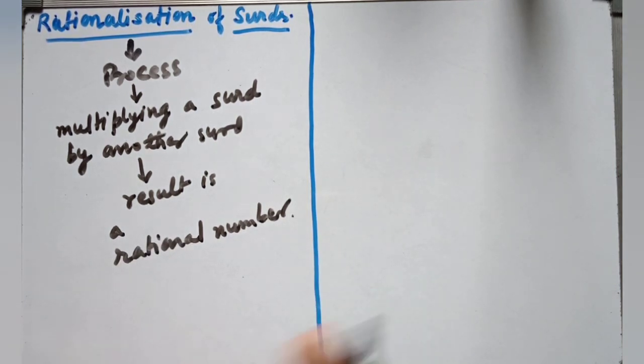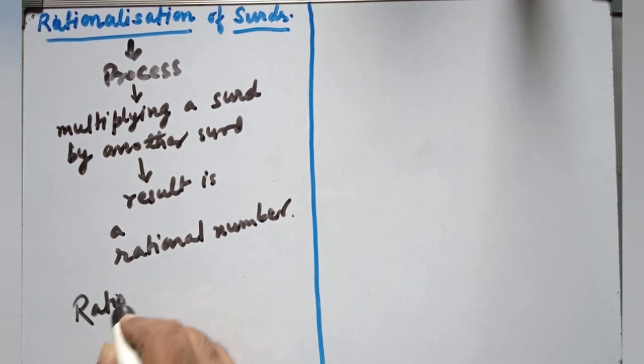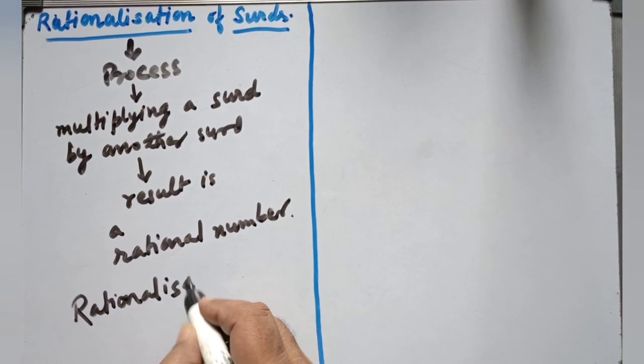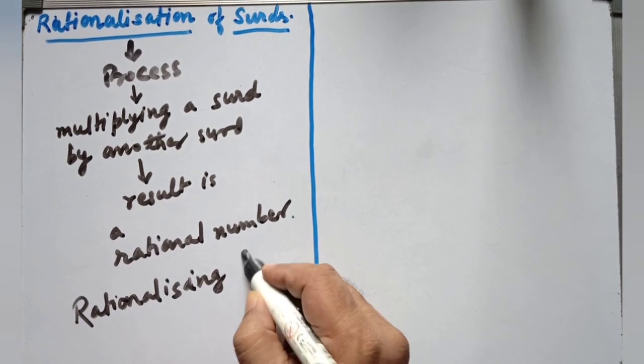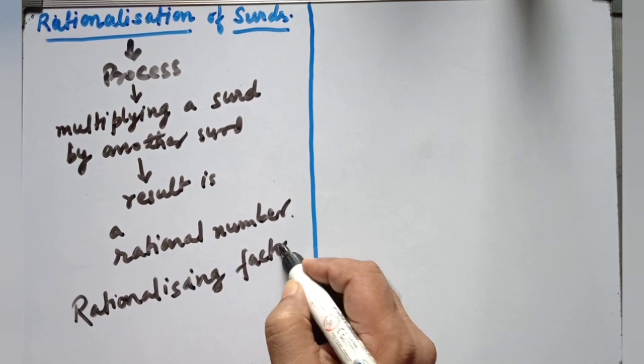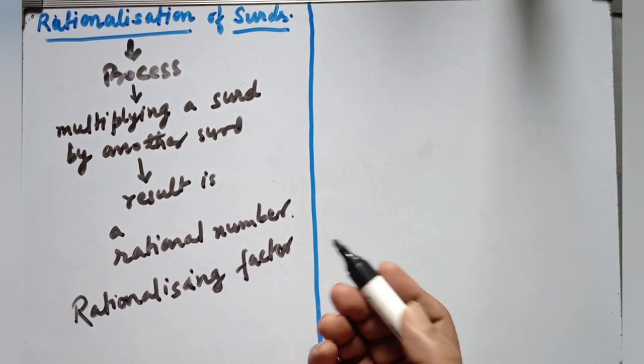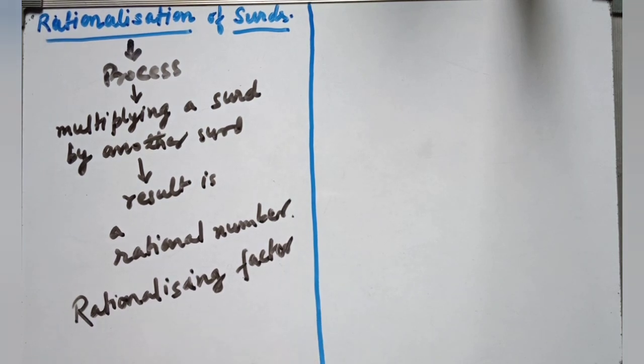Both the surds are a rationalizing factor of each other. So what is a rationalizing factor? Actually a rationalizing factor is a surd which makes the product equal to a rational number.